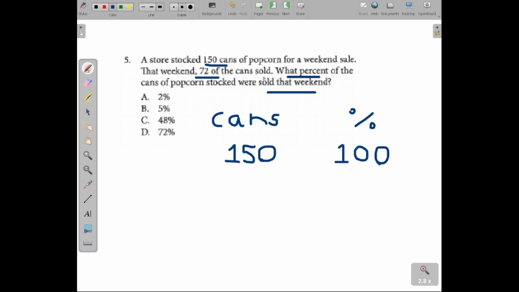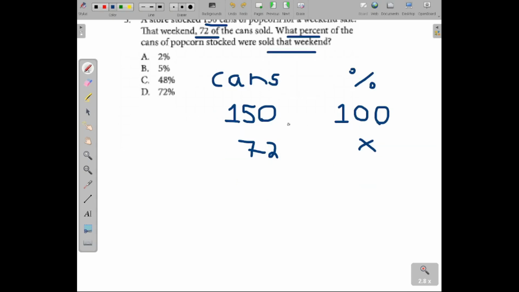And 72 of these cans were sold. And we need to find that percent, so we don't know it. Now we need to do the cross multiplication. 150 times x is equal to the other one, 72 times 100.